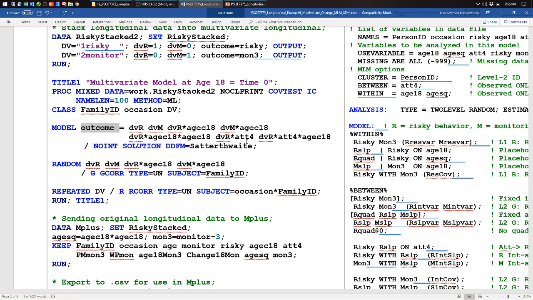Then each subsequent fixed effect in the model, age squared, and the effect of attitudes, is specified as explicitly pertaining to one DV or the other. There is no main effect of age here. I have the linear effect of age for risky, the linear effect of age for monitor, the quadratic effect of age for risky, the effect of time-invariant attitudes for risky, and the effect of time-invariant attitudes for risky multiplied by the slope. So attitudes on the risky intercept, attitudes on the risky slope.